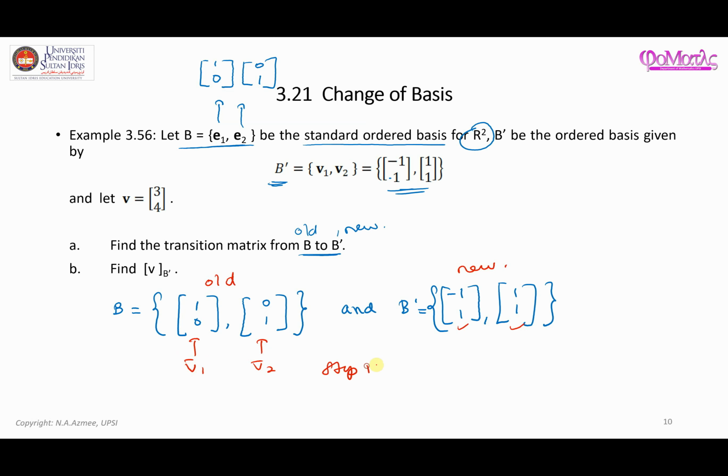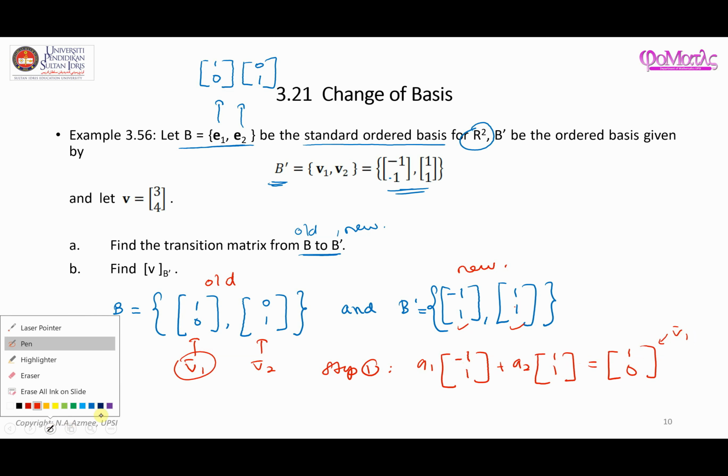It must be equal to the first vector here, vector 1, the old vector. So the first step is a1 times negative 1, 1 from here plus a2 times 1, 1 must be equal to the first vector, the old vector, 1, 0. Remember, this is just a little note for you.